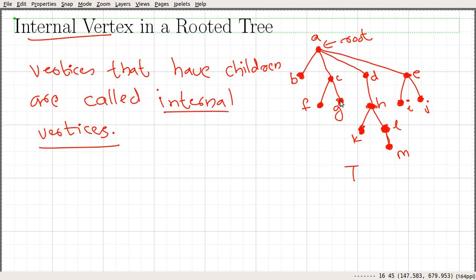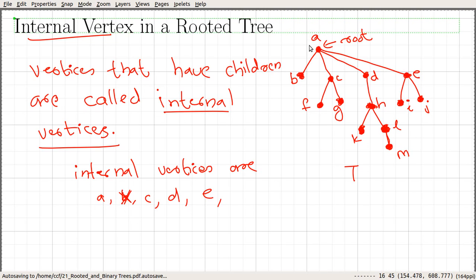If you consider this tree, the internal vertices are A, B, C, D, E. Sorry, B is not an internal vertex because it is a leaf, so it does not have any children. Sorry for that. So the internal vertices of this tree are A, C, D, E.